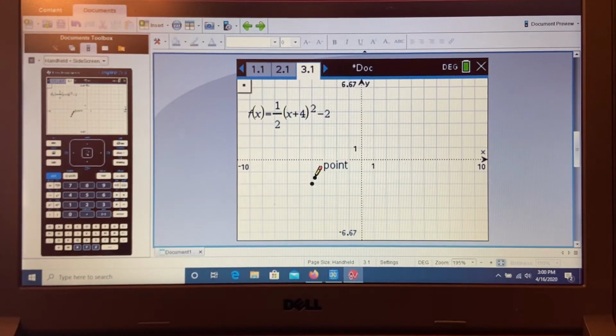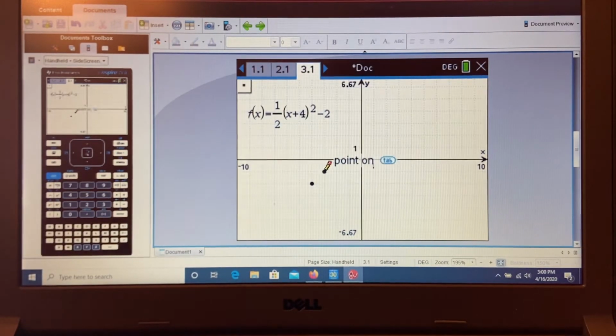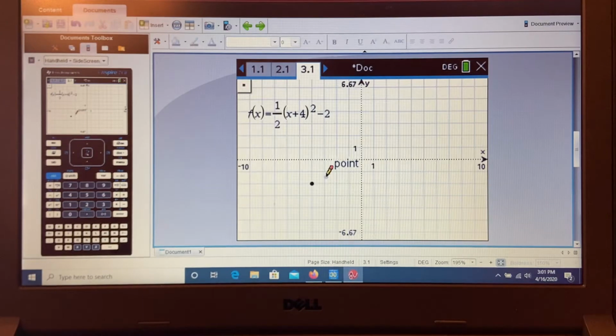There is our vertex. Now to find our other point, since our a value is 1/2, that's between 0 and 1, that means it's going to be wider than our parent function. So our parent function would go over 1 and up 1, but ours is going to be wider than that, so it's going to be down here somewhere.